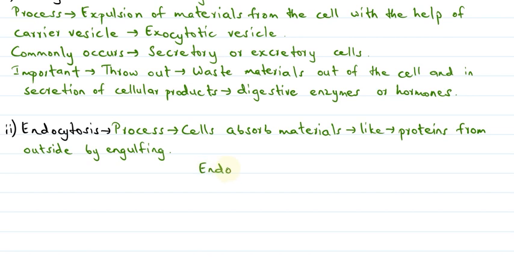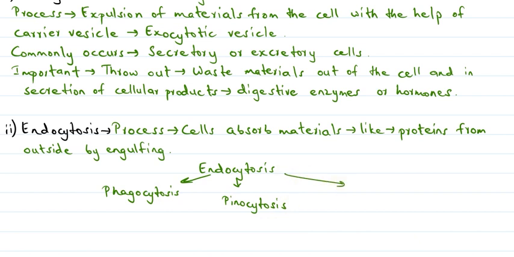One is phagocytosis, the next one is pinocytosis, and the third one is called receptor mediated endocytosis.